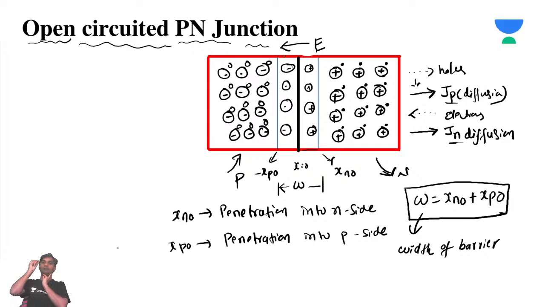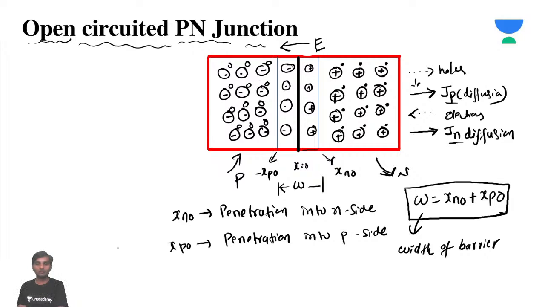Let's say you put one positive charge. The positive charge is moving from right to left. The direction of the movement of the positive charge is nothing but the electric field, right? In the opposite direction you will have the electron movement.